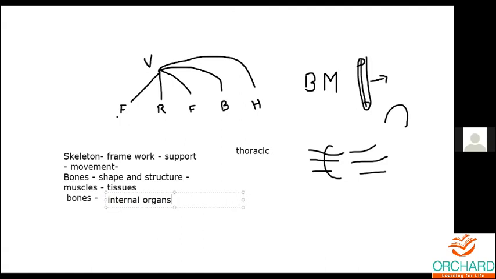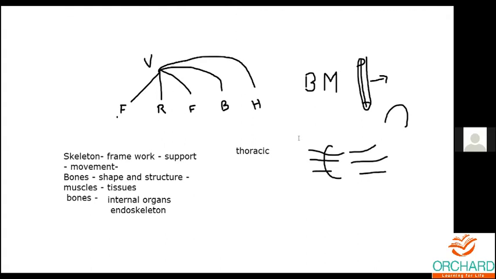This kind of skeletal system, which protects the body internally, you call it the endoskeleton. One is called the exoskeleton, where outside the body, the shell is very hard in nature. Endoskeletal, you call it inside, protecting the body from internal damage.